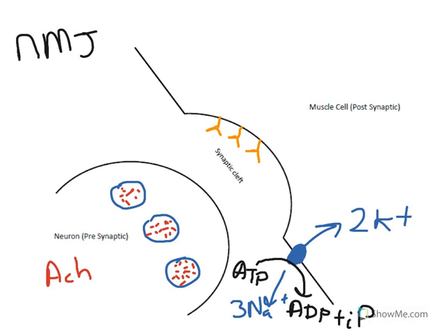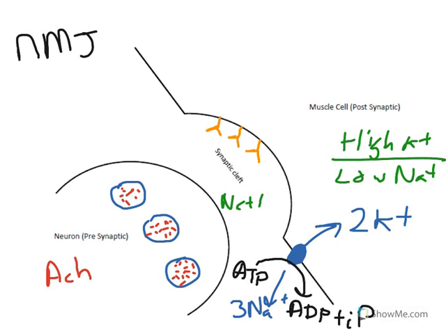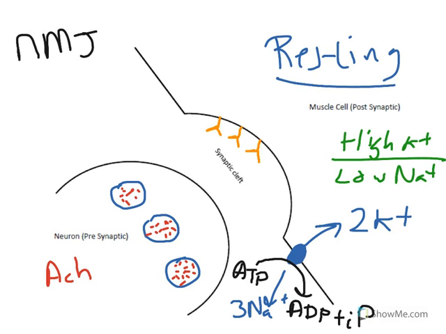What this does, and why I really hit this very hard, is that we have high K+ inside and low Na+ on the inside. But on the outside of the cell, sodium is high, potassium is low. This will set up the whole process of passive forces that will drive the muscle. So sodium potassium ATPase pumps are responsible for resting of a muscle cell, and this maintains it at about negative 95 millivolts.